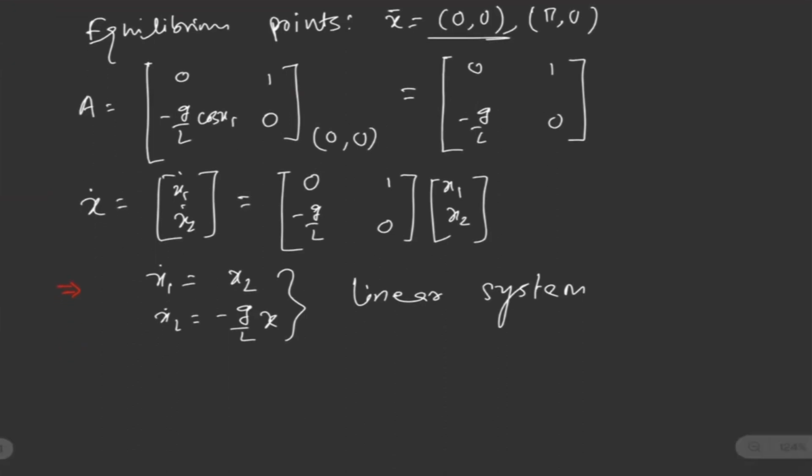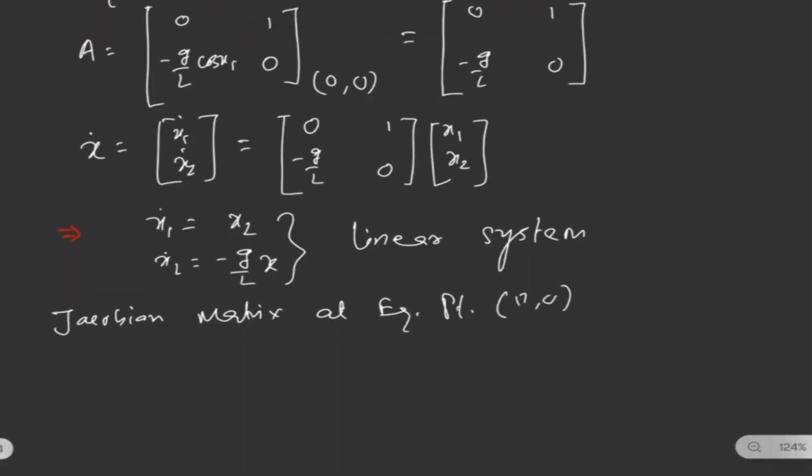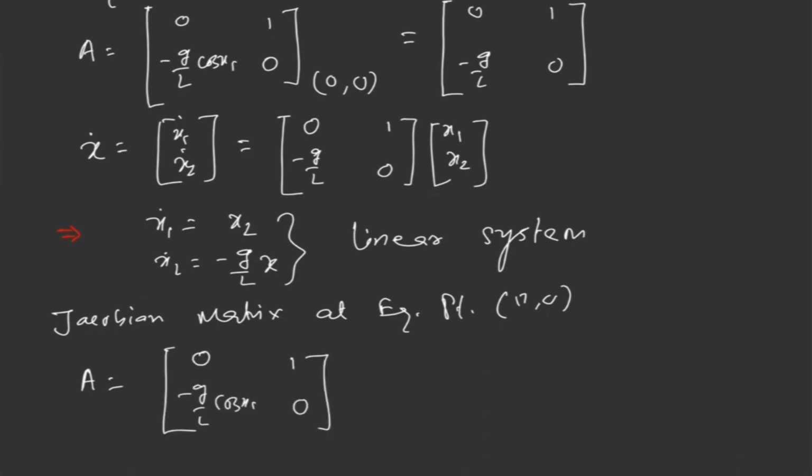Now we'll look at the Jacobian matrix for the equilibrium point (pi, 0). The Jacobian matrix at (pi, 0) is 0, 1, minus g by L cos x1, 0. At pi, cos pi is minus 1, so minus minus gives plus g upon L: 0, 1, g by L, 0.